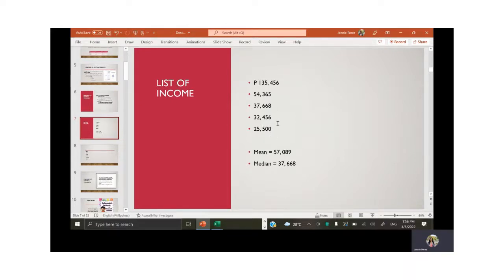So you also look at your data set. If there are many outliers, just like this one, that would tend to pull down or pull up the information, then you may have to use the median, okay, not the mean.